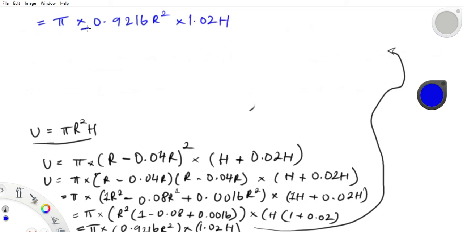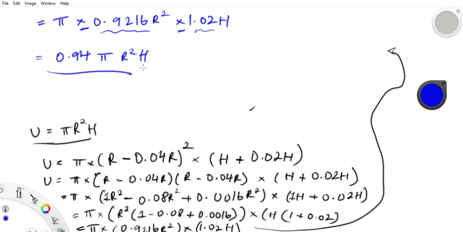Because now we're multiplying, I can just multiply these numbers together and get one number times pi r squared h, and that number in this case is 0.94. So 0.94 pi r squared h.